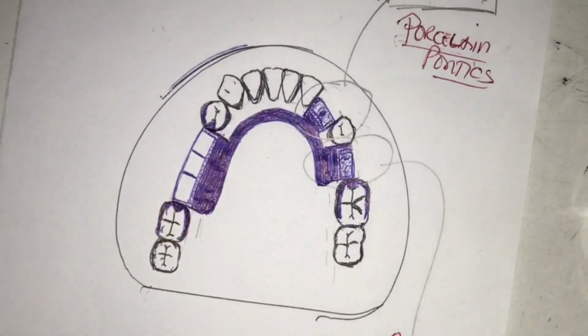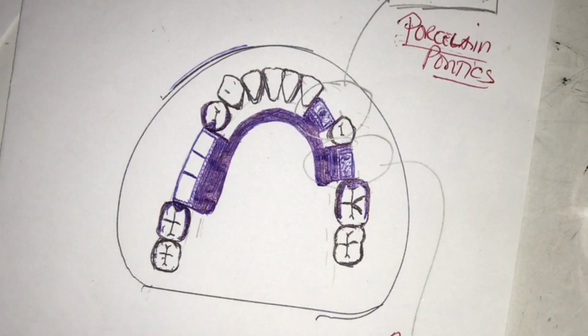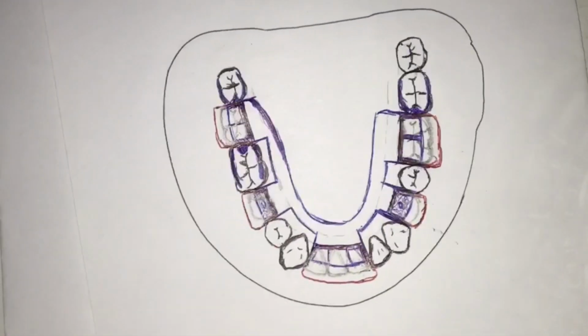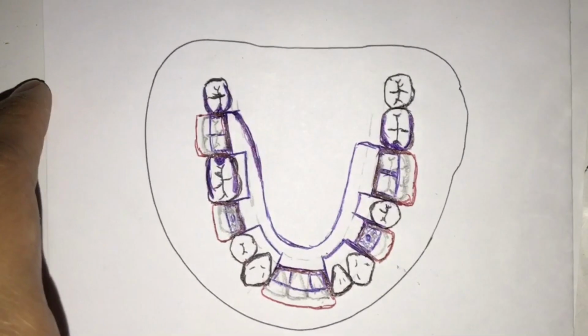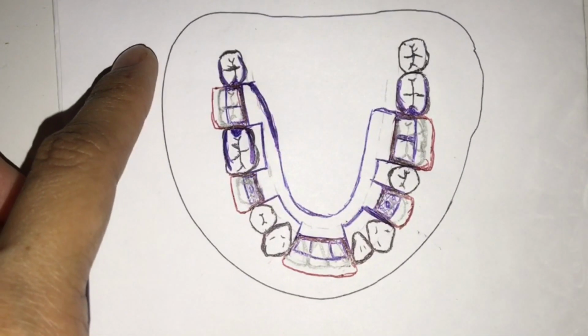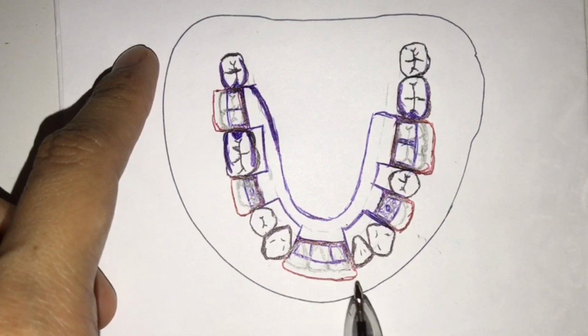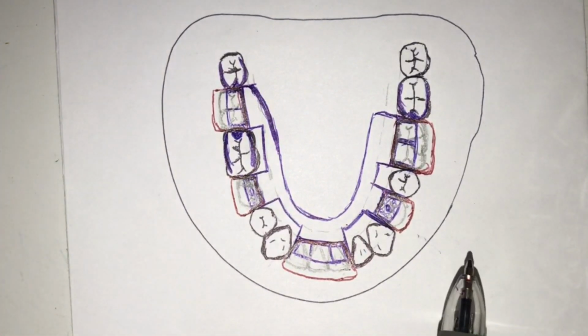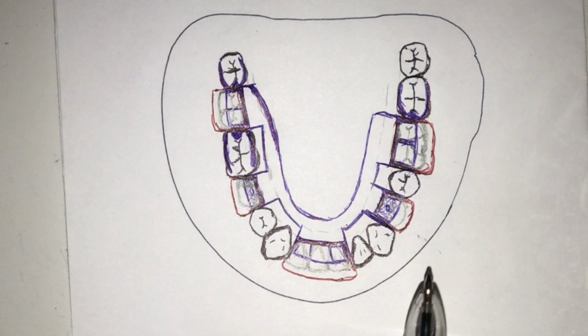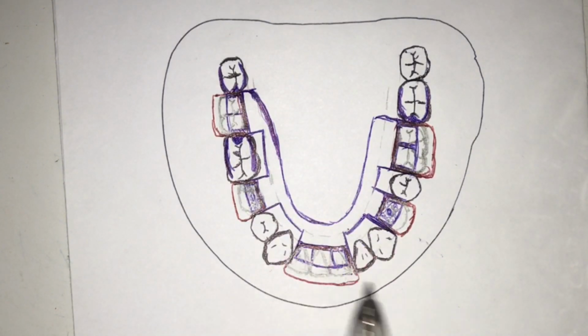So yeah, let's try to see another case here. This is another mandibular case, so it's already designed. Anyways, as you can see, this is Class 3 modification 4. This is a tooth bounded case.